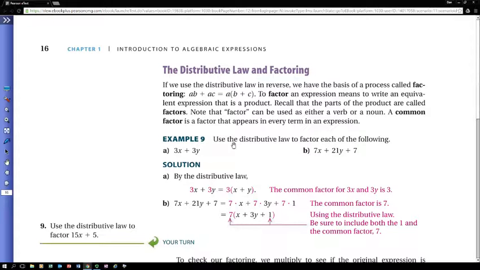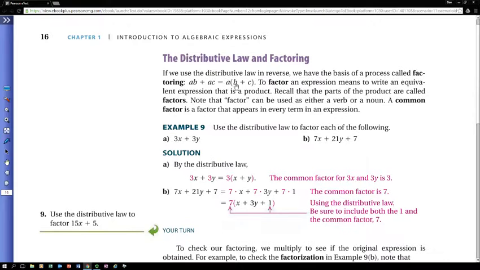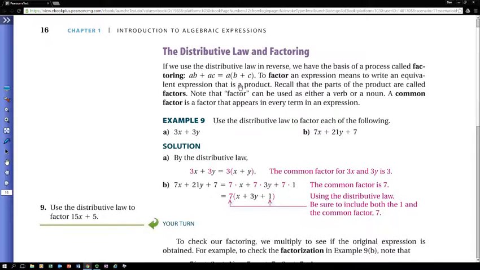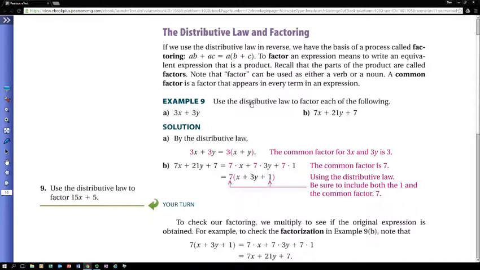And the key thing here is, if you look at each term, here I have ab and this term is ac. They have a common factor. And that common factor can be basically pulled out, so we can rewrite in this form of that common factor times the terms of the addition. Okay, and that's what they're talking about here, common factors.